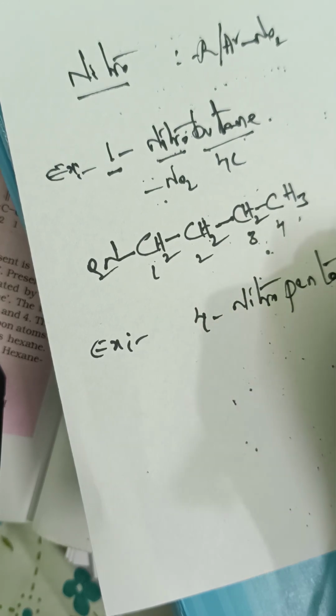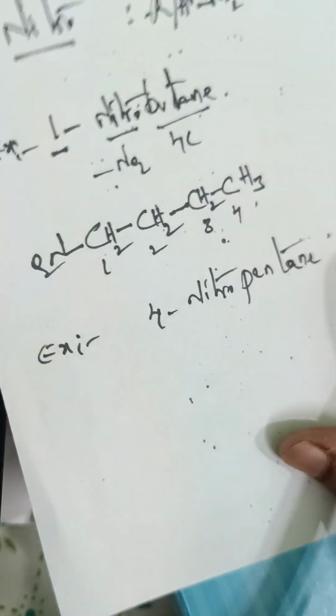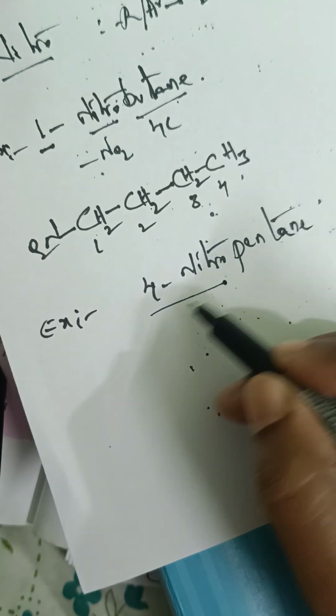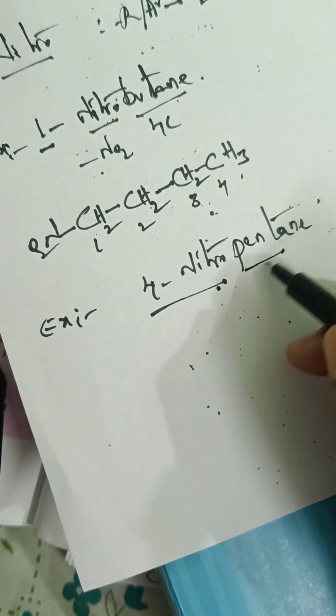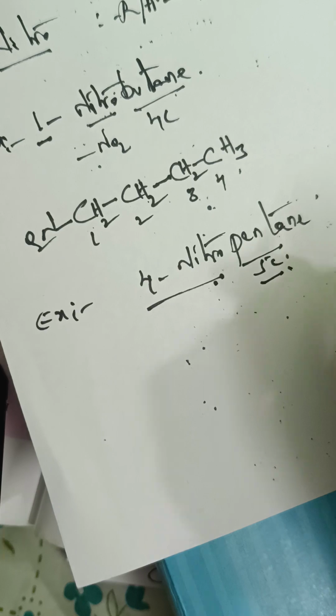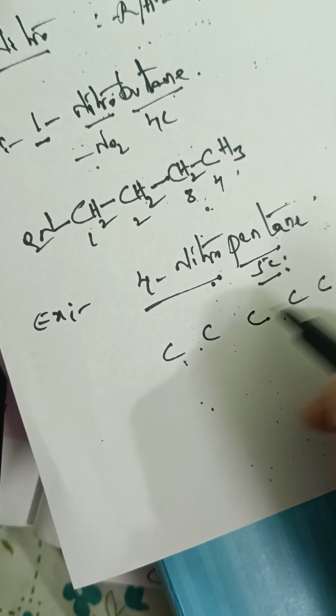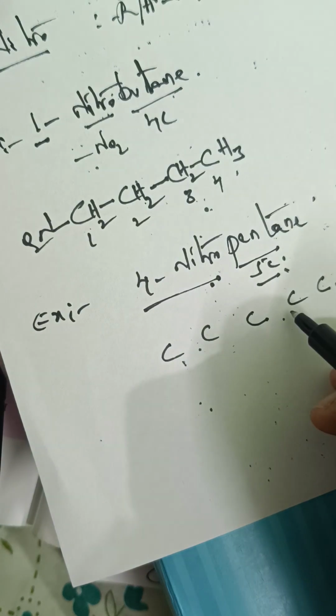4-nitropentane. Simply, at the 4th position the nitro group should be there. This is a 5 carbon chain. Then you write the structure here, 1, 2, 3, 4, 5.